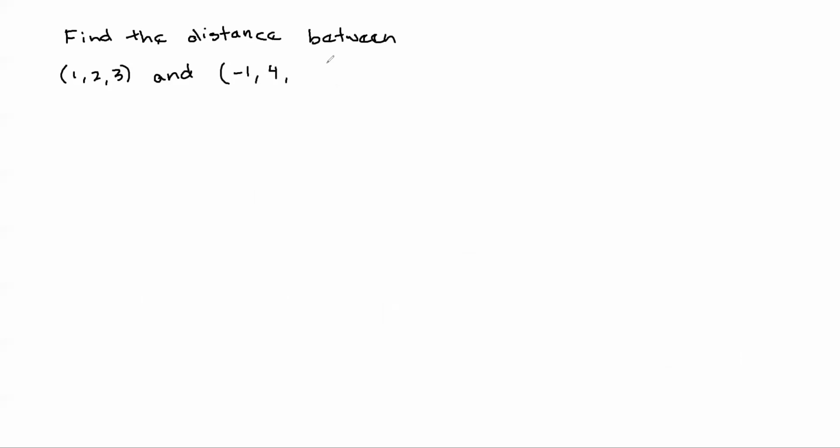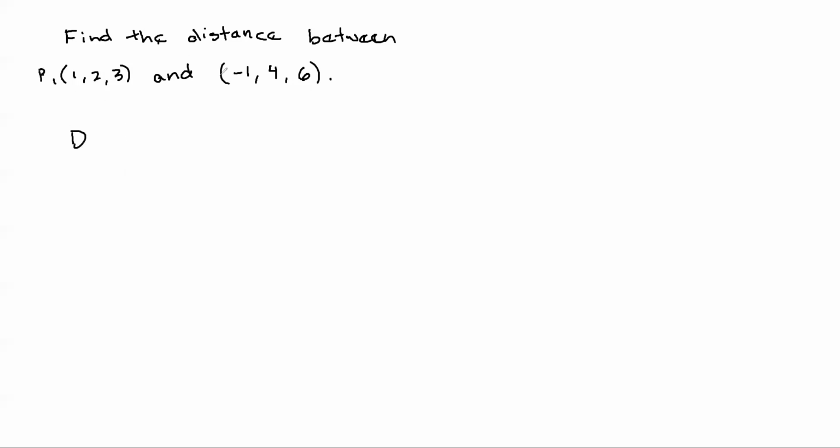Next, we're going to practice using the formula. Let's do an example. Let's say we want to find the distance between 1, 2, 3 and -1, 4, I don't know, 6. We've got our handy distance formula.